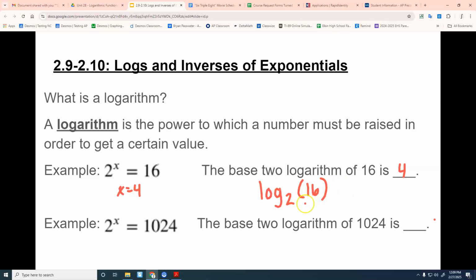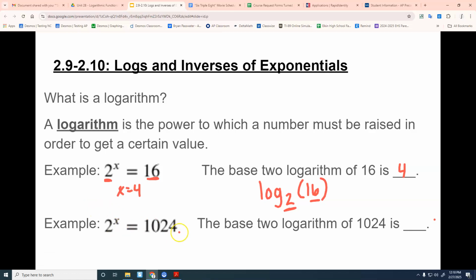so this is log base 2 of 16. The base of that log is the number that's being raised to that power, and the number that you're taking the log of is what the answer to that exponential would be. So if I have 2 to the x equals 1024, right?